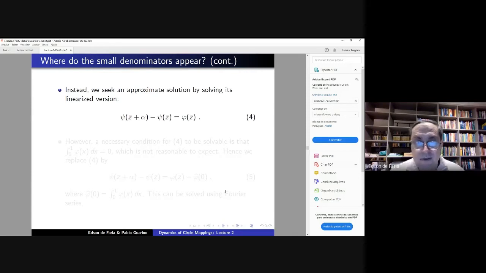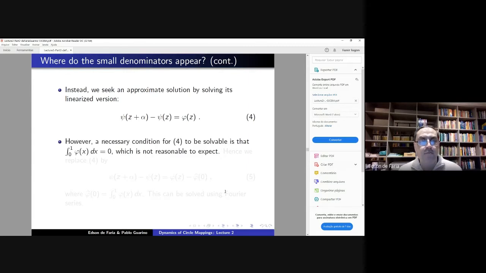Once again, this is a kind of coboundary equation, or a cocycle equation. And of course, there is a problem here: a necessary condition for this equation to be solvable is that the integral of phi has to be 0. But phi was given to you, and there is no reason why it has to satisfy this condition.